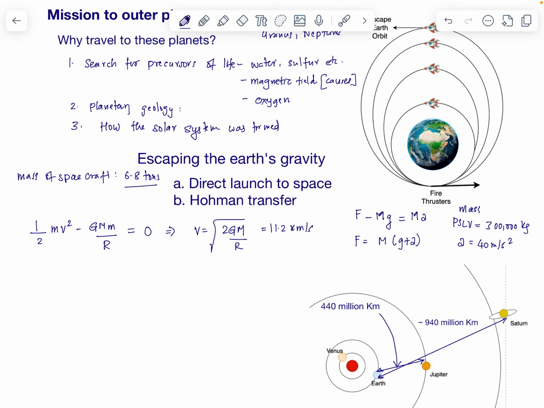So, since g is approximately 10 meters per second squared, we find that a plus g is 50 meters per second squared. Therefore, the effective mass of the spacecraft is about 1.5 million kilograms.